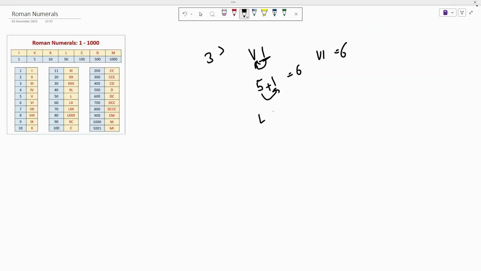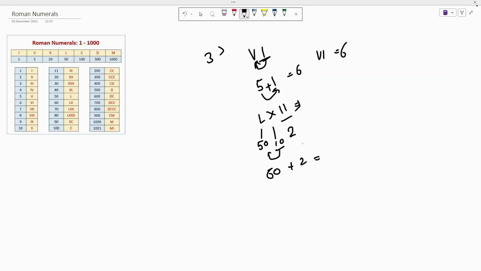Another example is LXII. L is for 50, X is for 10. This smaller number is coming after 50, so we add 50 plus 10, 60. Then II, 1 plus 1, 2, so 60 plus 2.